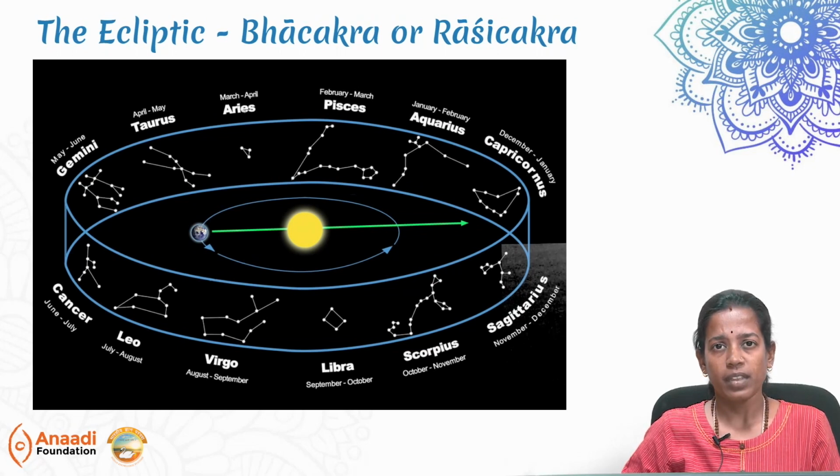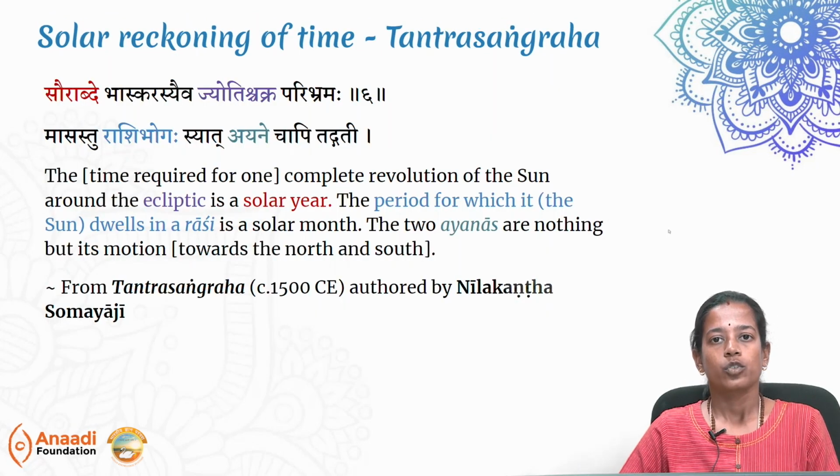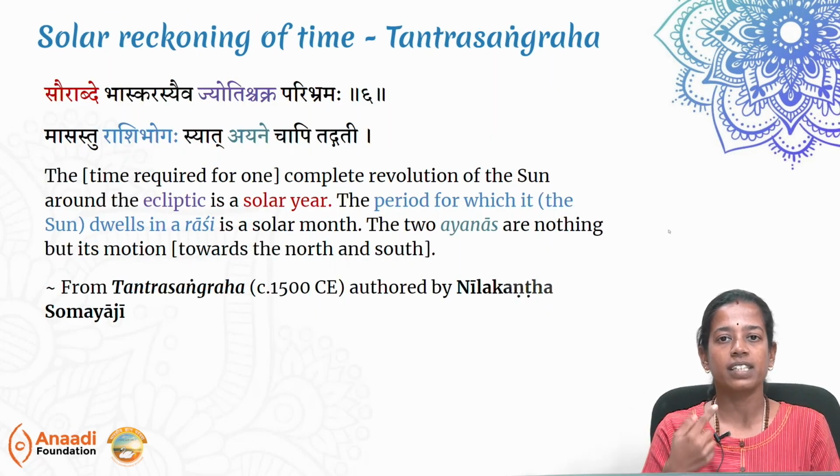So, it spends a good amount of 1 month in Aries, and from Mesha it moves to Rishabha and so on and so forth. Once it comes back to Pisces and is about to enter Mesha, 1 full year would have been completed. This is how a solar year is calculated using the Bhachakra.